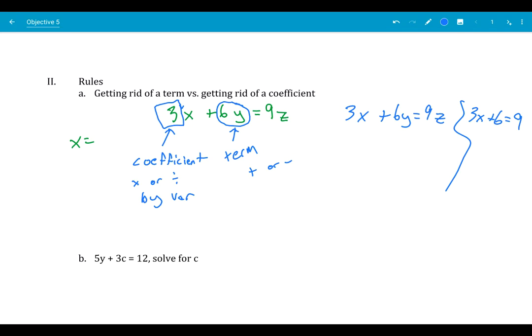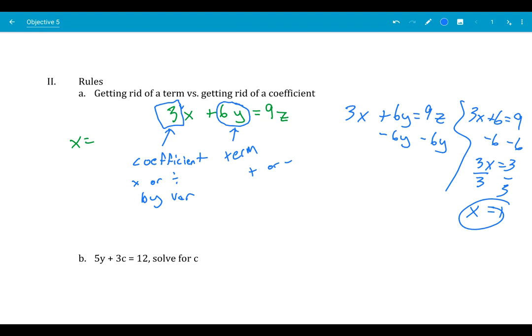As an example here, you're going to subtract 6 from both sides, and then you would divide by 3. You're actually going to perform pretty much the same set of steps on this, except instead of subtracting 6, you're going to subtract 6y. Okay, terms you can get rid of by addition or subtraction. So you're really doing the same thing that you would do if it was a regular number.